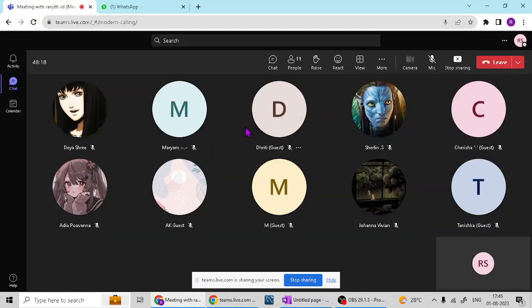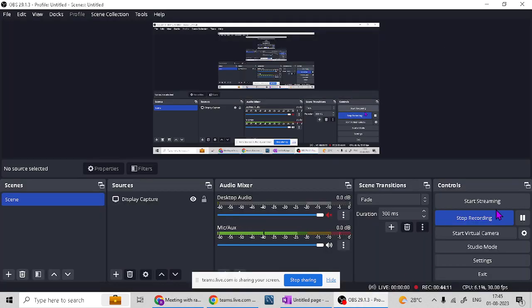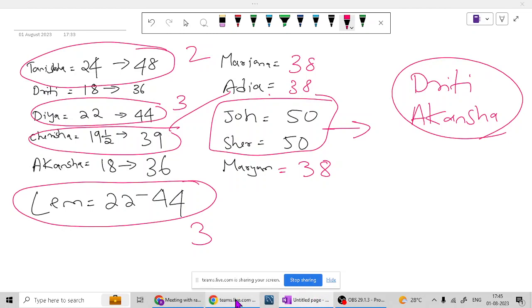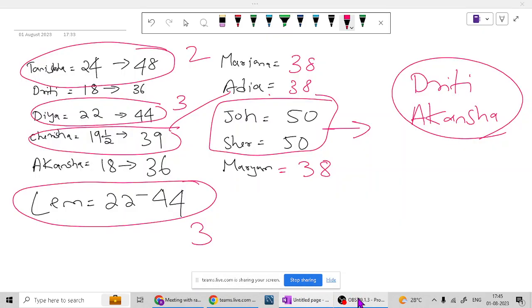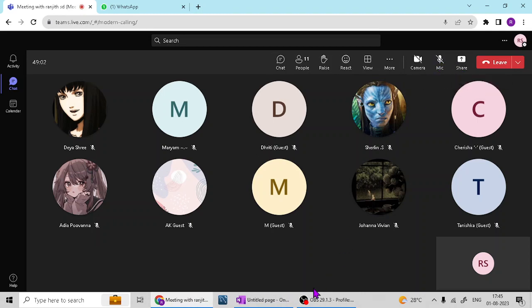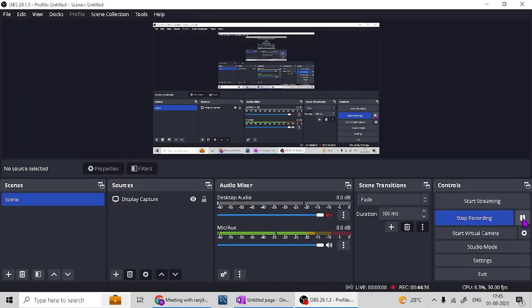There is Akansha. Which student is missing? Diyashri.